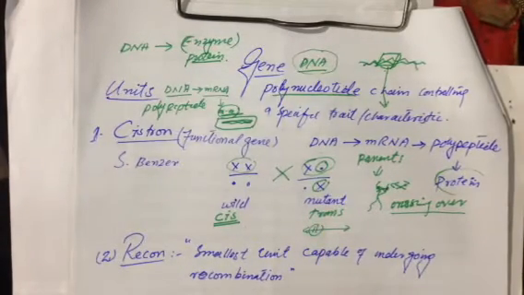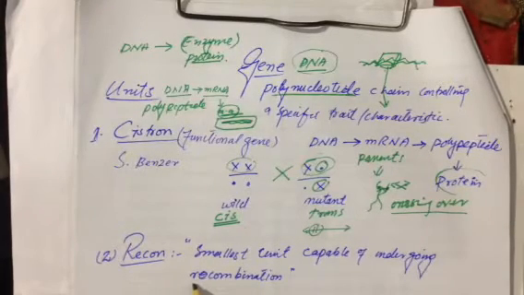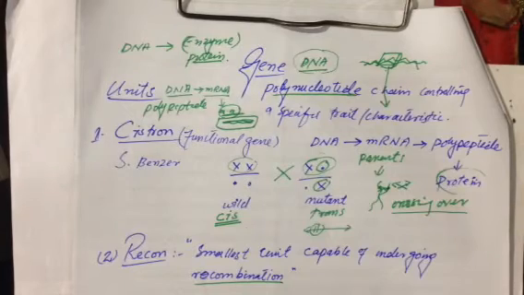But what is the characteristic of recon? It can undergo recombination, meaning there is a chance that it will be changed from its original type to a new type, and this concept was coined by Benzer in 1962.